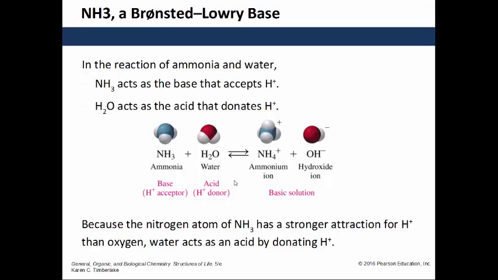So in this reversible reaction here, water is acting as the acid. It is donating a hydrogen ion here to join up with the ammonia to form ammonium ion. So the ammonia would be considered the base because it is accepting a hydrogen ion. And because the nitrogen atom of the NH3 has a stronger attraction for hydrogen ion than oxygen would, water will act as an acid. That's why it's donating the hydrogen ion.